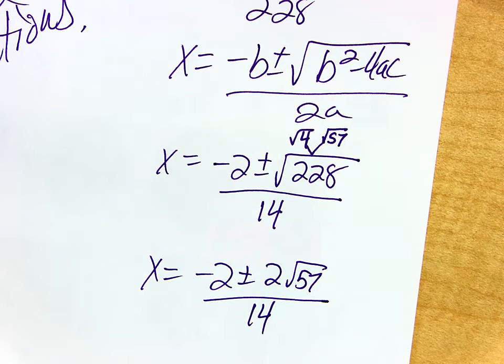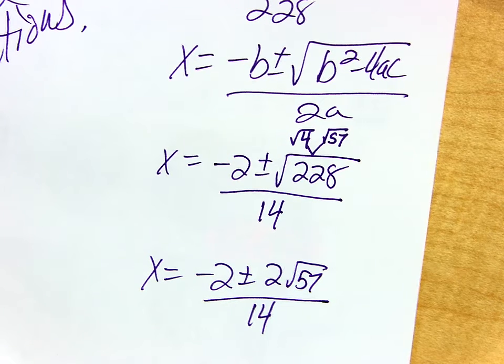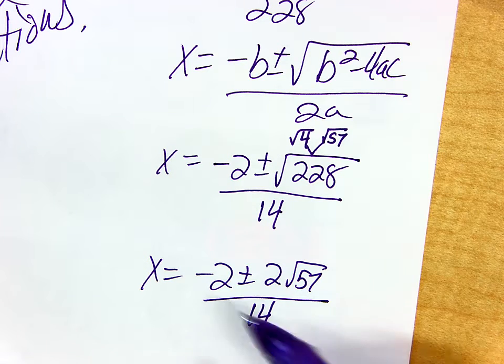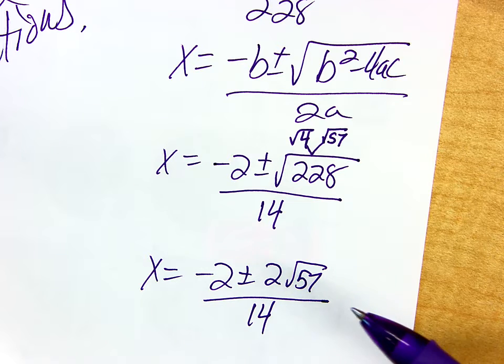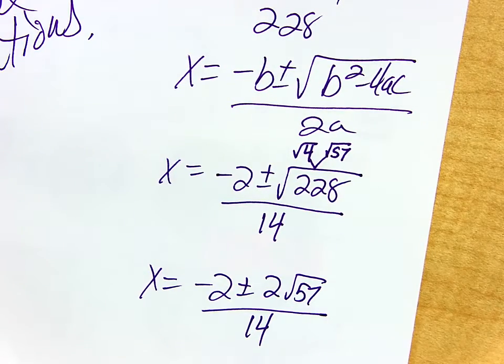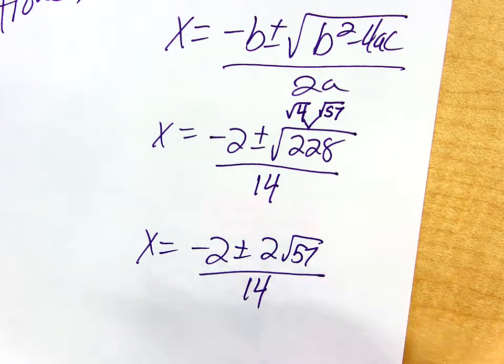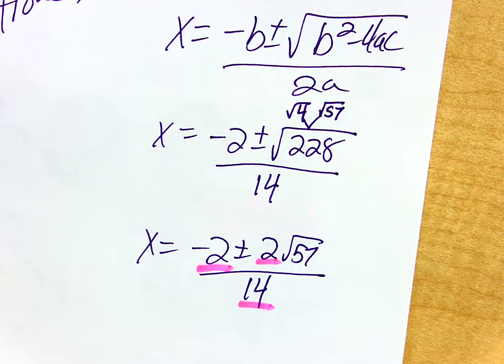Are you done? Of course not. Normally you would be, because I can't do negative 2 plus 2 root 57, since they're not like radicals. So I am kind of done in that sense. This, believe it or not, can be reduced though. Here's the thing: you have 2 terms on the top. You can only reduce answers like this if all 3 of these numbers have a common factor.